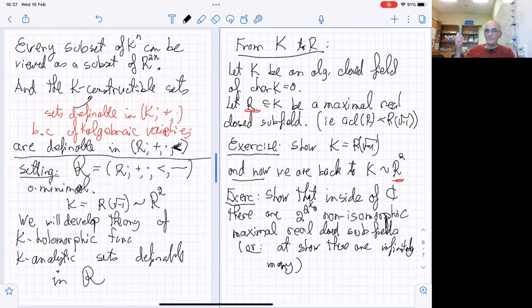It's one of many non-isomorphic maximal real closed subfields, and on each of them we could play the game of putting an O-minimal structure on the real closed field and look at what one can say about the subsets of C to the n which are definable in this O-minimal structure on the real closed field that we found.